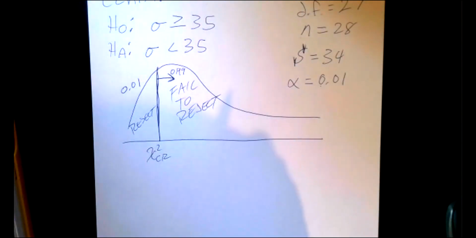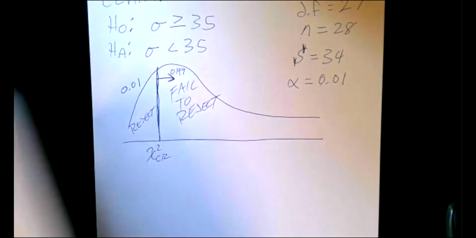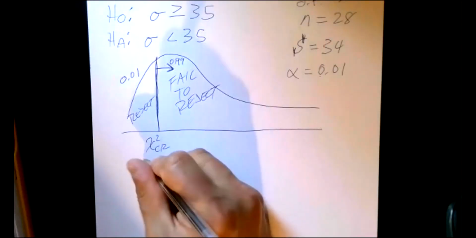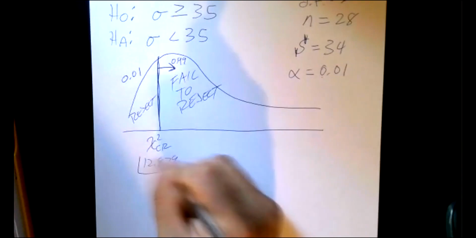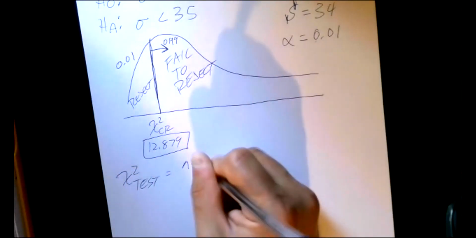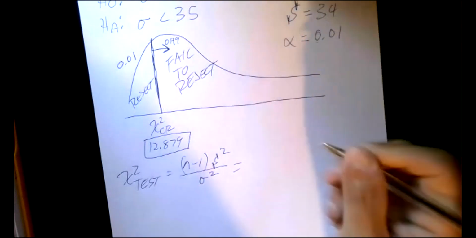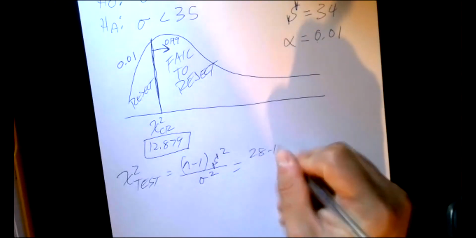All right, if we go to the tables, area to the right is 0.99. Degrees of freedom are 27. If we go down to 27, 12.879. Let's find the test statistic. It's 28 minus 1.